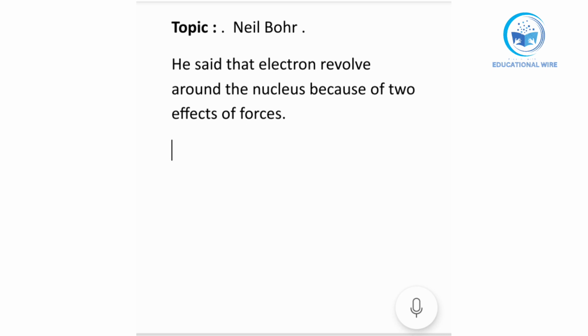Okay, two effects of forces. Number one is called centripetal force. Centripetal force. And number two is centrifugal force.